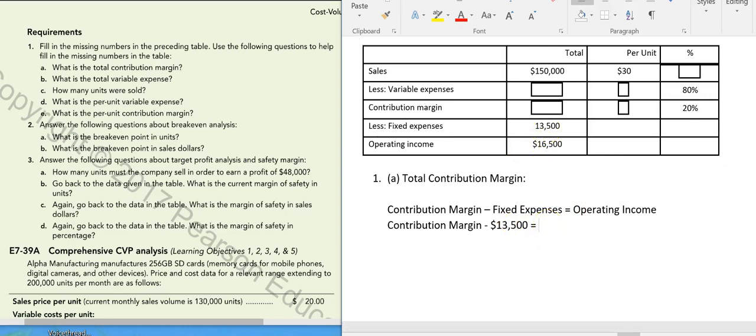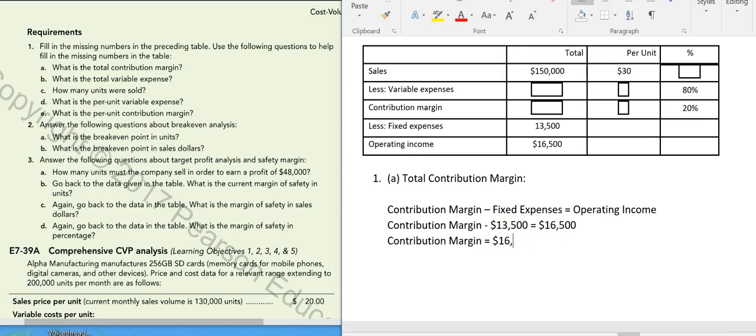If we subtract our fixed expenses from contribution margin, that will give us operating income, and in this problem operating income is 16,500. Now we can do a little algebra.